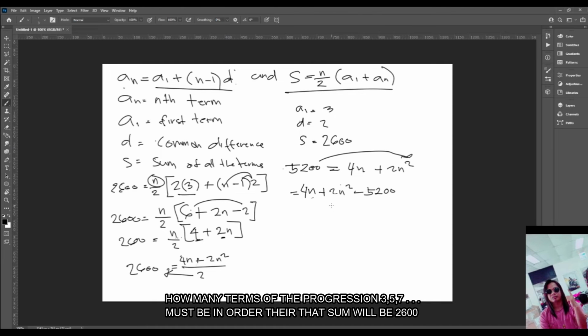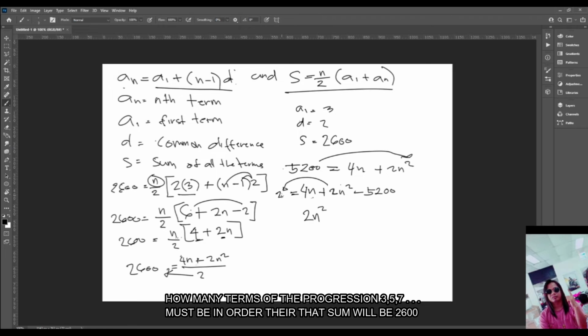Okay, guys, if you transfer this 2n, its sign should remain positive, because you only change the sign of terms when you transfer them across the equal sign.